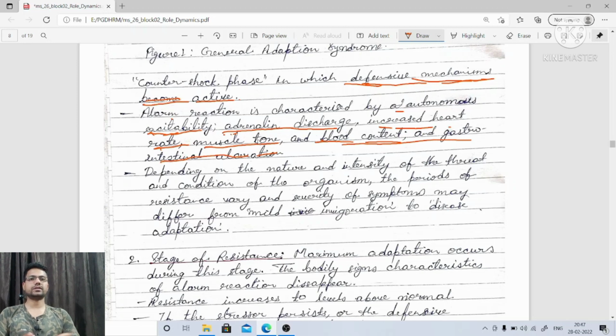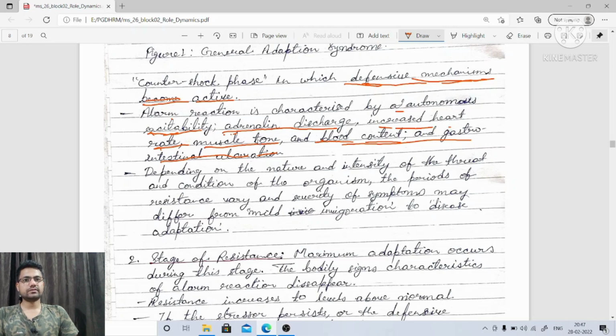So when any organism confronts any type of threat, then in the first stage, that is the alarm stage, the organism responds to the threat in the following ways.